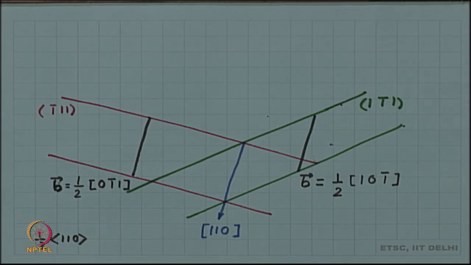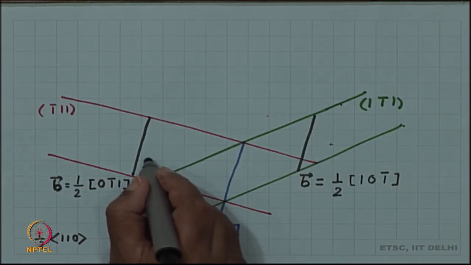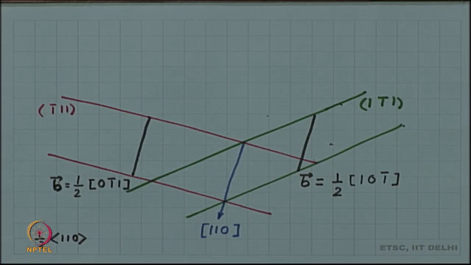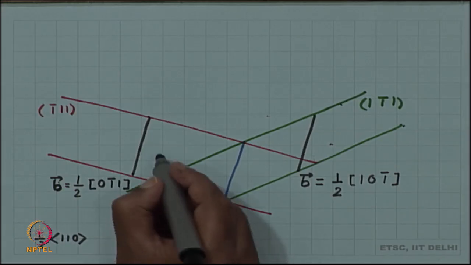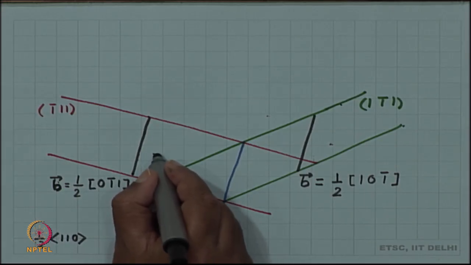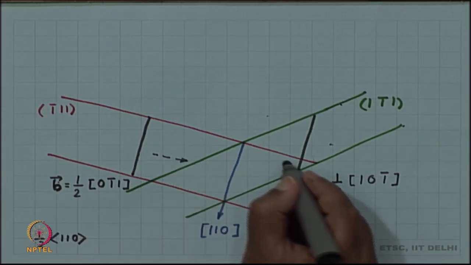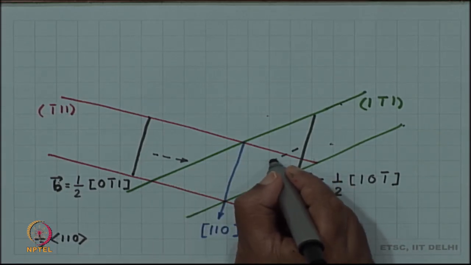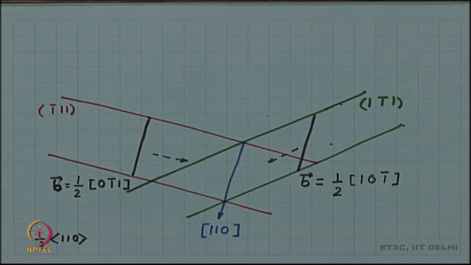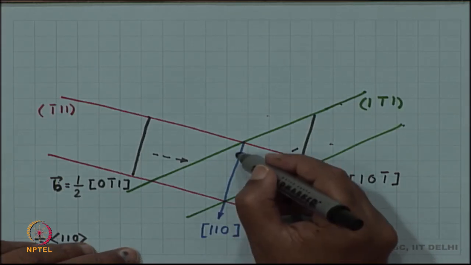Now, assume that we have a stress system such that both these dislocations move towards the intersection line. If they finally meet at the line, what kind of interaction will be there?